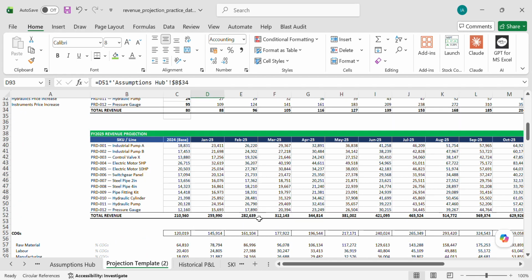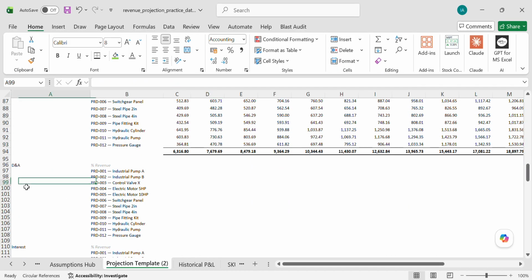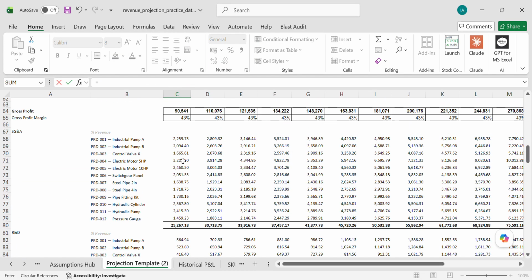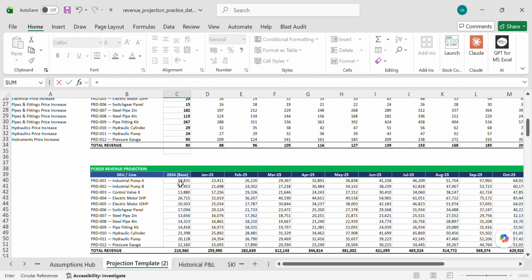We do the same thing. So we are doing this also as a percentage of our revenue. So we're just doing an incremental. This is an incremental budget.